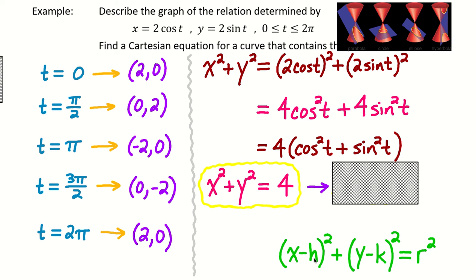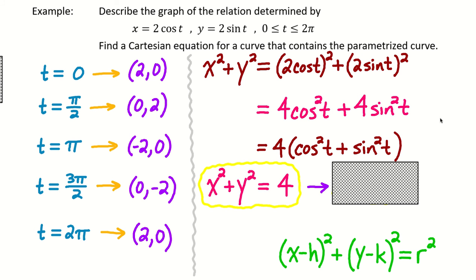I can't remember if this is called standard form or center form of a circle. But there are all these different forms.